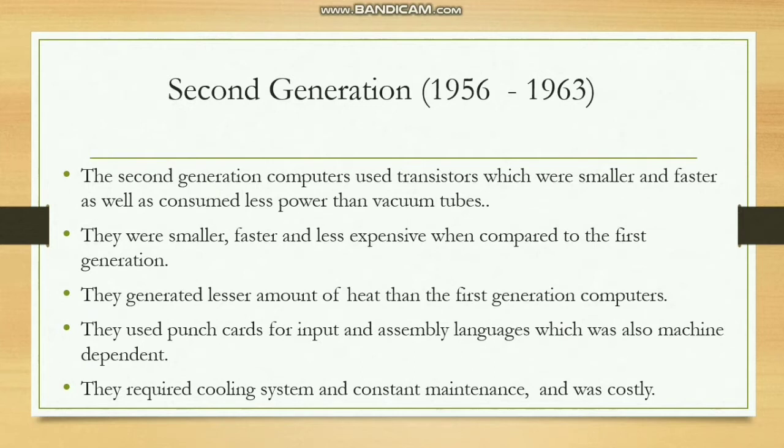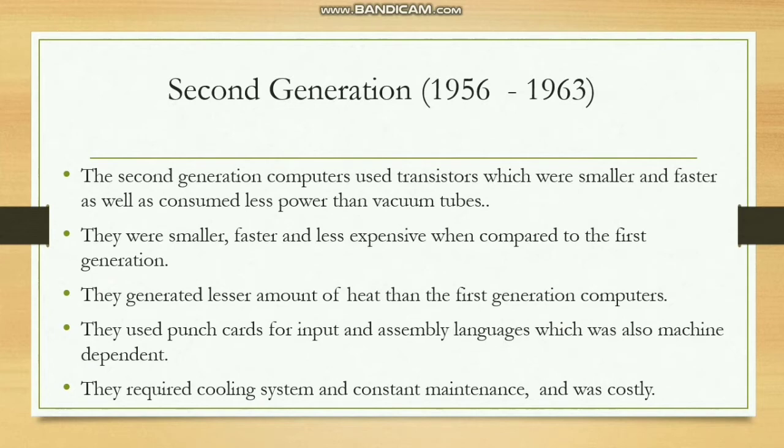The second generation computers used transistors which were smaller and faster as well as consumed less power than vacuum tubes. They were smaller, faster and less expensive when compared to the first generation. They generated less amount of heat than the first generation computers.